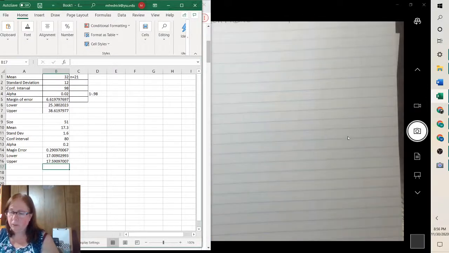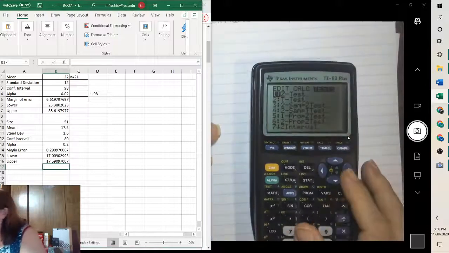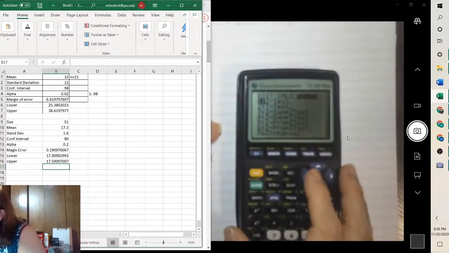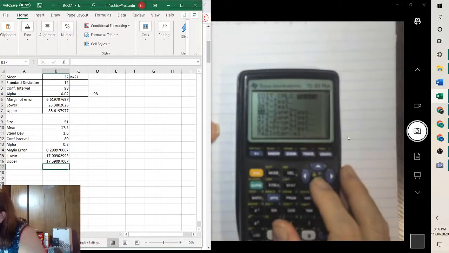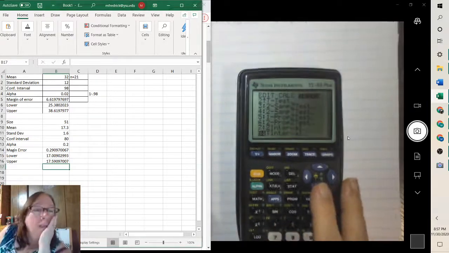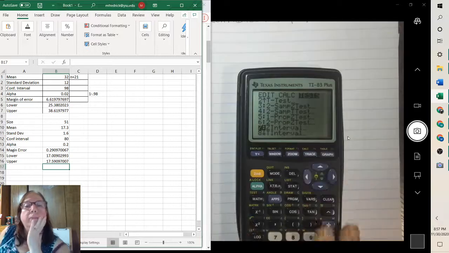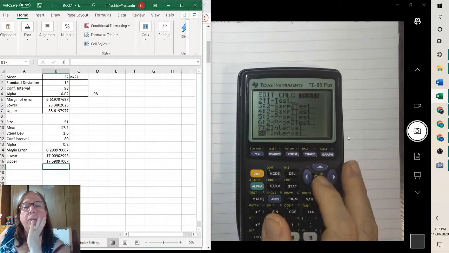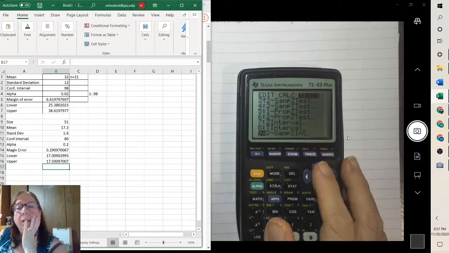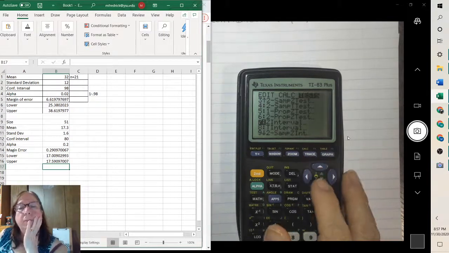Second, stats, calc. That's under test. So to do your interval, you can do them in here, whether it's a Z interval, and it gives you the whole interval.